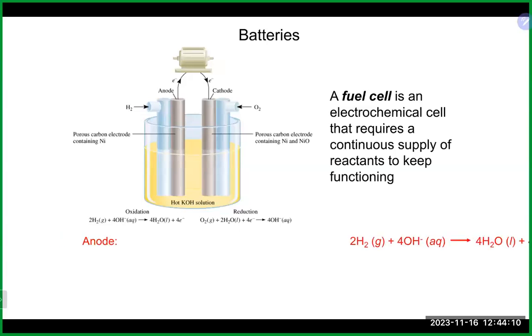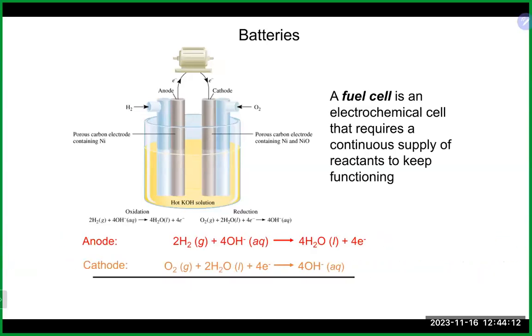A fuel cell is not really a traditional battery, but it sort of functions like a battery. A fuel cell, like a hydrogen fuel cell, which is what we're looking at here, is what they originally wanted to make cars run on, right, because the only thing that you made at the end of the reaction was water coming out of the tailpipe. So less polluting and stuff like that.